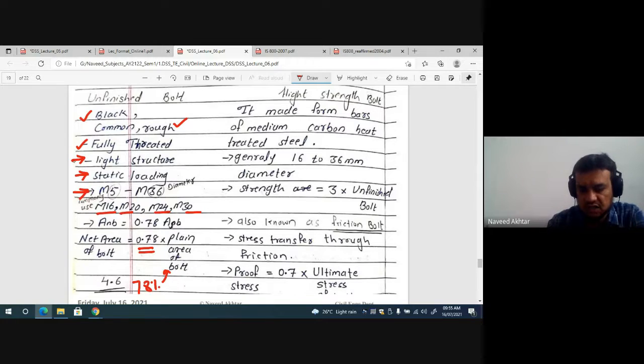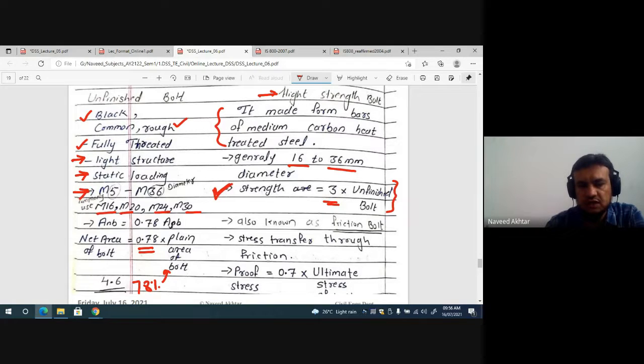As against this, if you see the high strength friction grip bolt, it is made from bars of medium carbon heat treated steel. The make is given. Generally it ranges from 16 to 36 mm diameter, and the strength is three times that of the unfinished bolt. The strength of this bolt is very large, and this is very important.